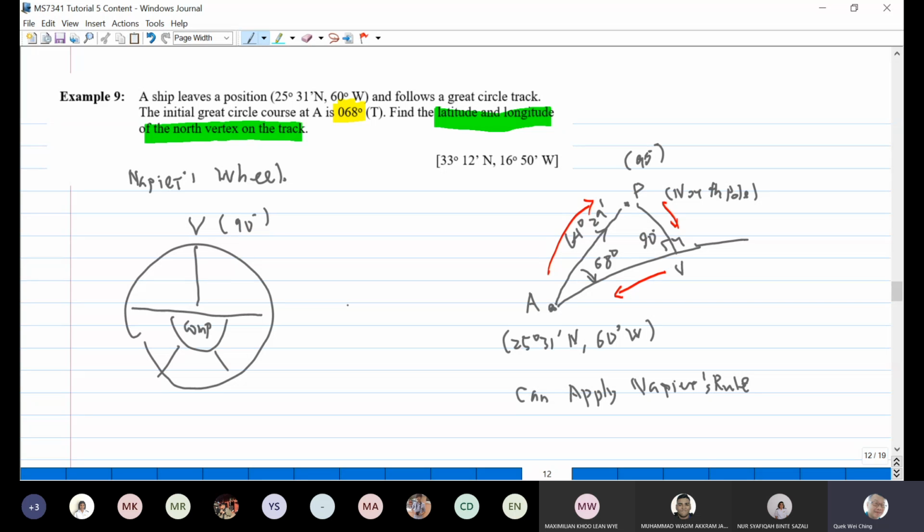So when it goes into the 90 degrees, it goes in at PV. PV, do you know how much that number is? I just put them first. Start with PV first, then get out at VA.